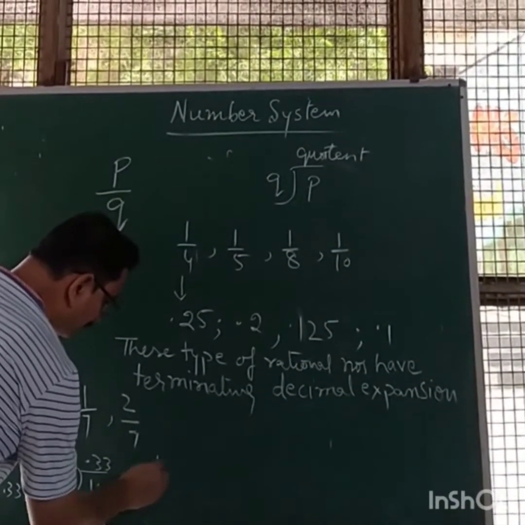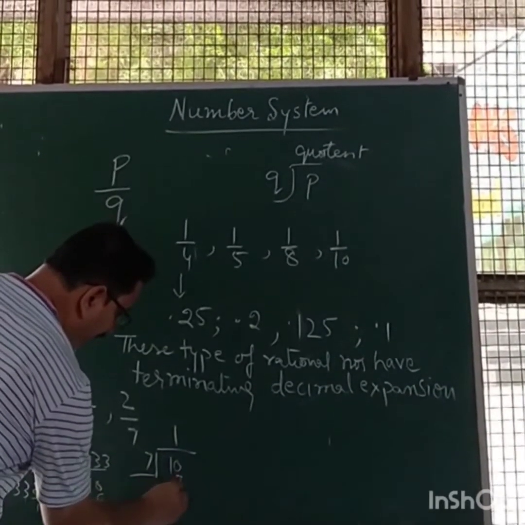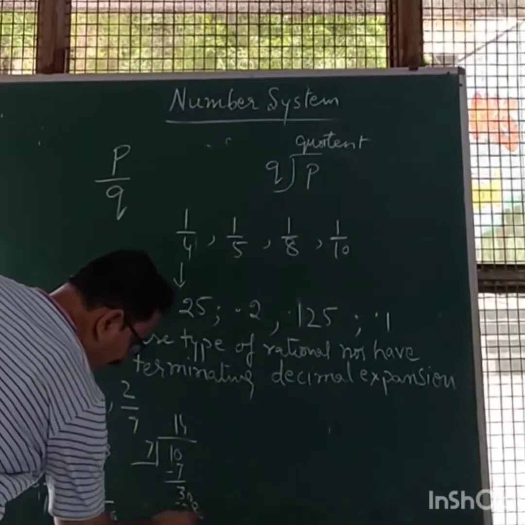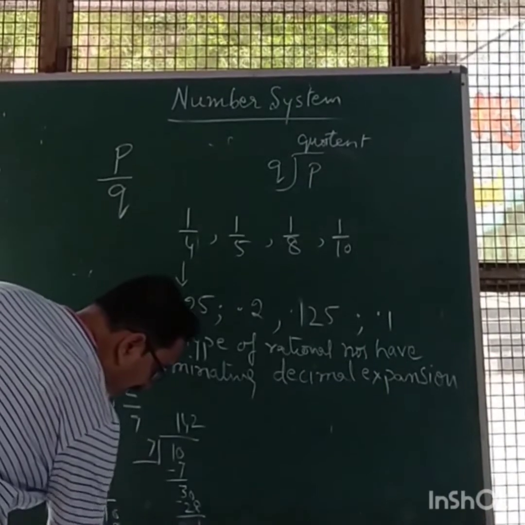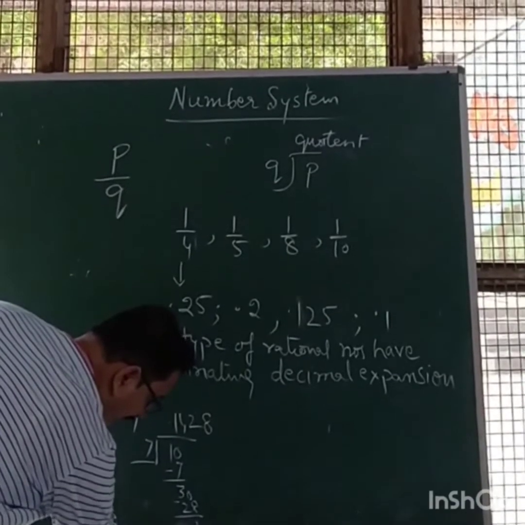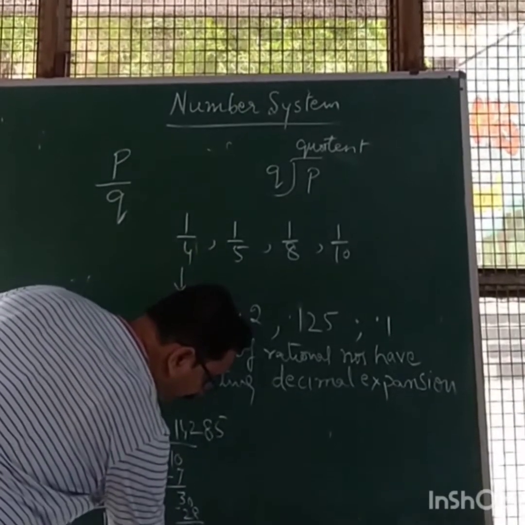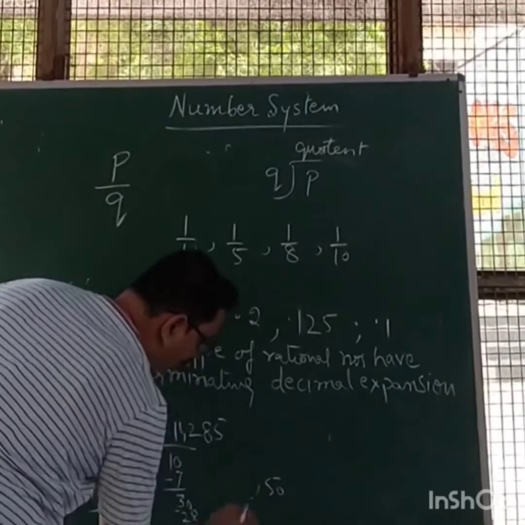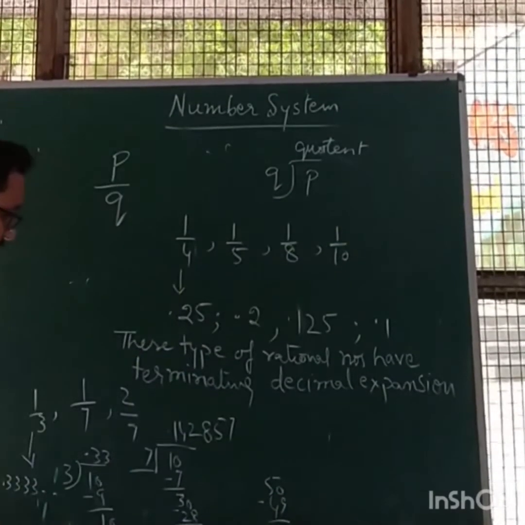1 upon 7, divide 1 by 7. 7 1s are 7, remainder 3, 30; 7 4s are 28, remainder 2, 20; 7 2s are 14, then there is 60; 7 8s are 56, now 40; 7 5s are 35, again we have 50; 7 7s are 49 and 1, again we have 1.